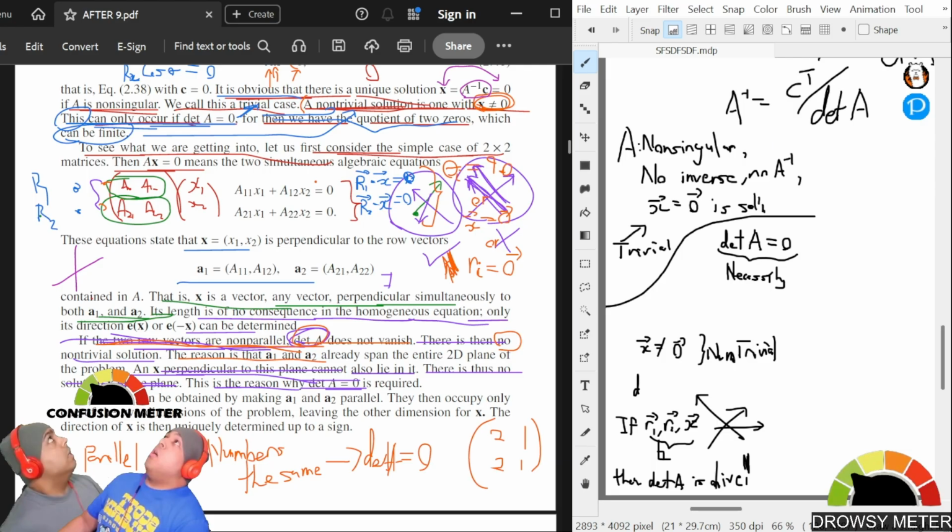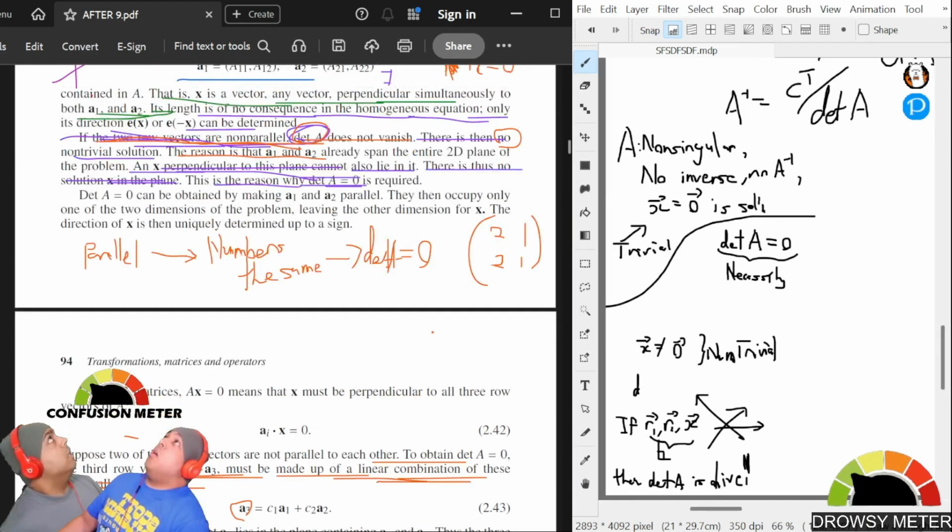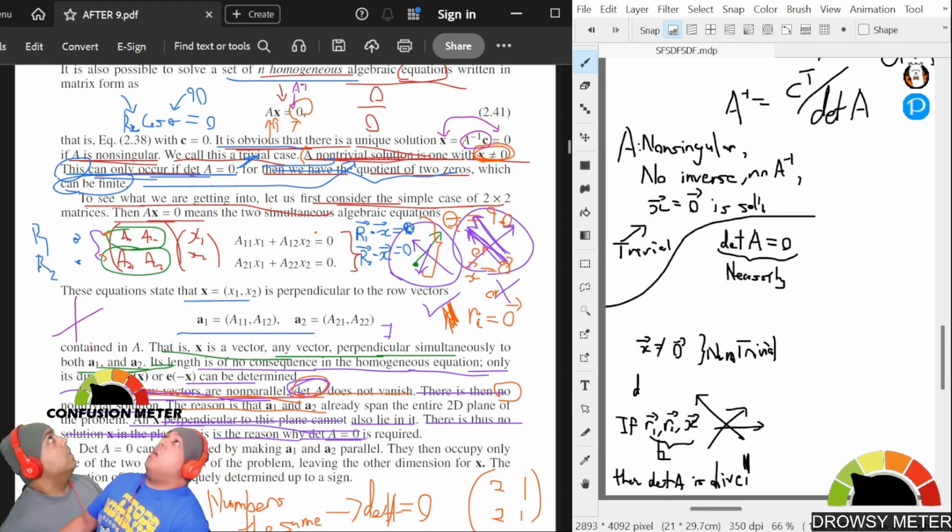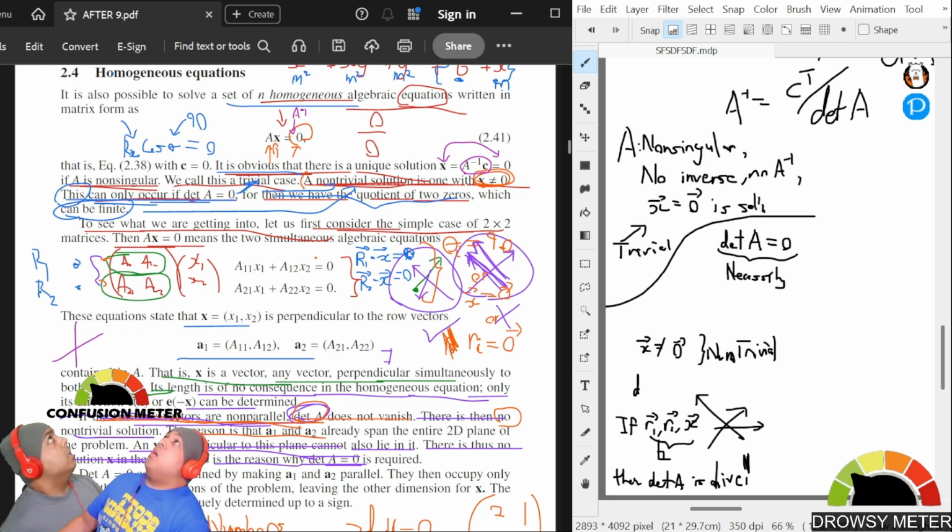So I wonder, when we get deeper, if any two are parallel, does that mean the determinant is 0? It's obvious that there's a unique solution. Trivial case.